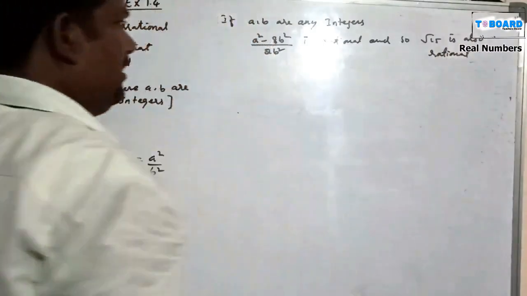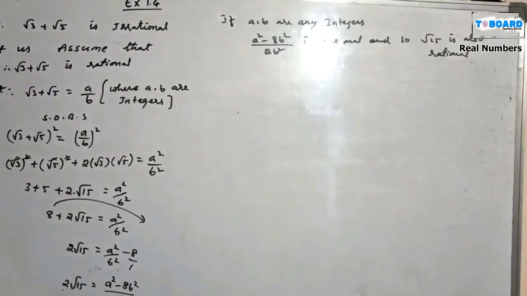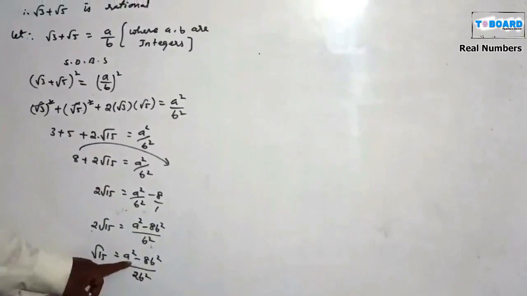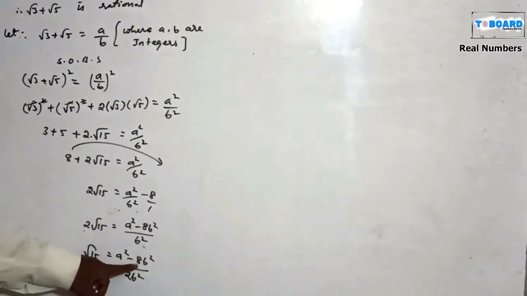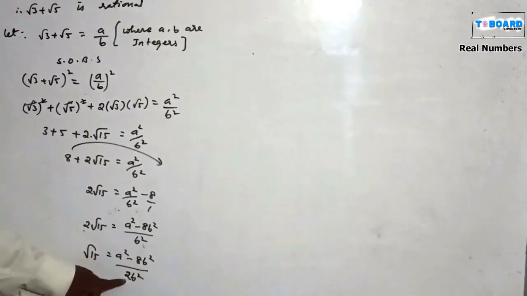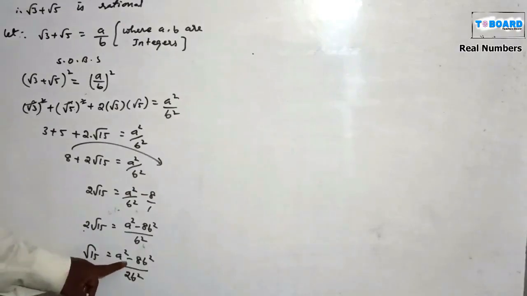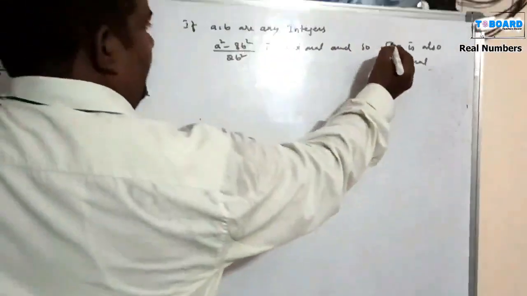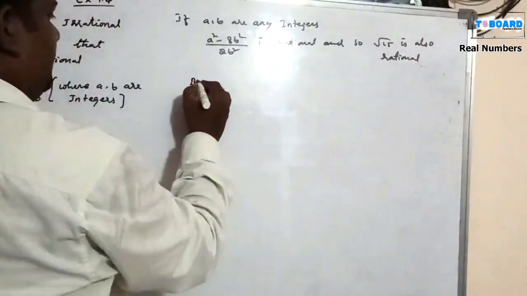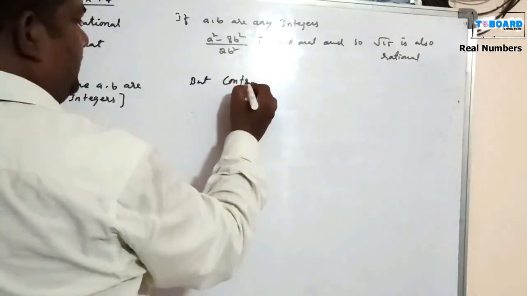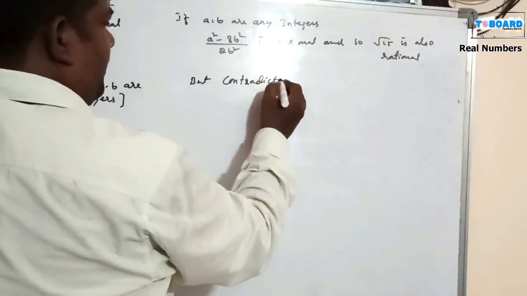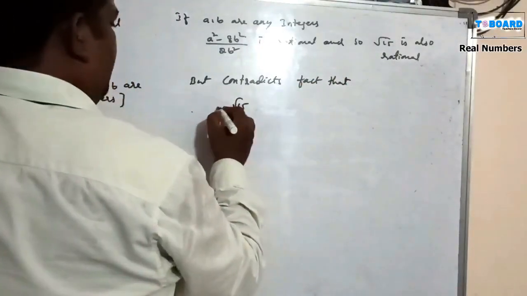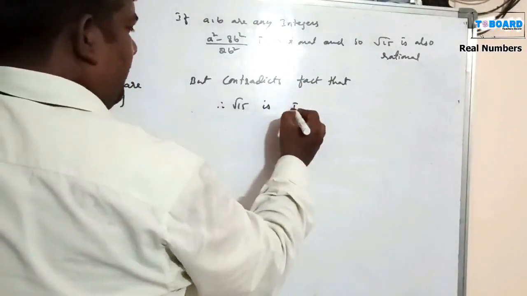That means if a, b are any integers, suppose you take a and b any two integers, the RHS value a square minus 8b square by 2b square is a rational number. If RHS is rational, LHS is also rational, and so root 15 is also rational, but this contradicts the fact that root 15 is irrational.